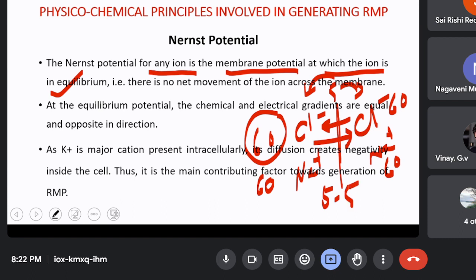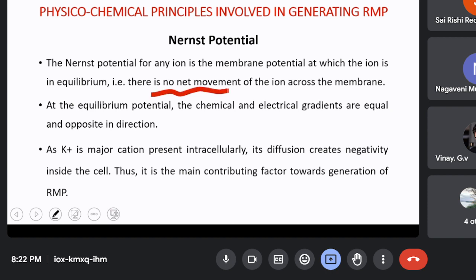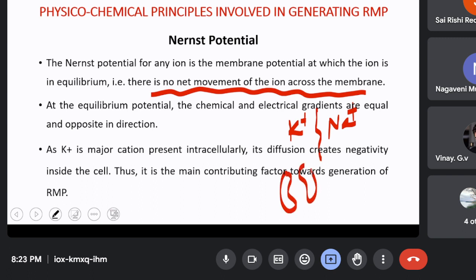So the net movement is 0. According to the Nernst potential, there is no net movement of ions across the membrane. And I have already told you that there are more potassium channels in the plasma membrane than sodium channels. Hence, potassium is considered the major cation which contributes towards generation of resting membrane potential.